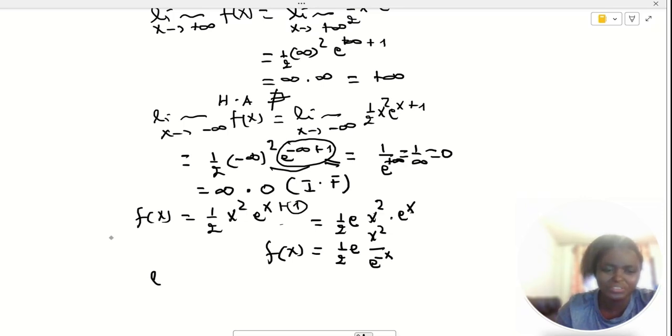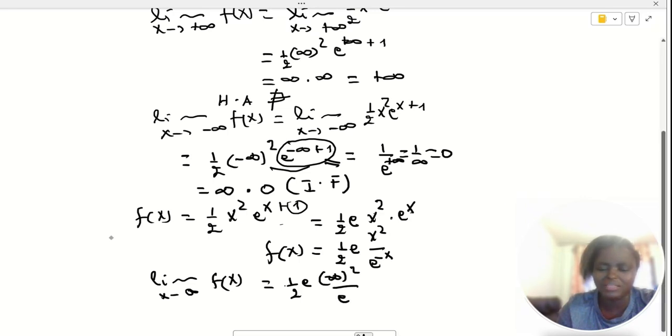So if we compute the limit when x tends to minus infinity of f of x, in this case it will be equal to 1 over 2 times e times minus infinity squared over e power minus minus infinity, which is e power plus infinity, it's plus infinity. Then we will get infinity over infinity. This is also an indeterminate form, but easy to remove.